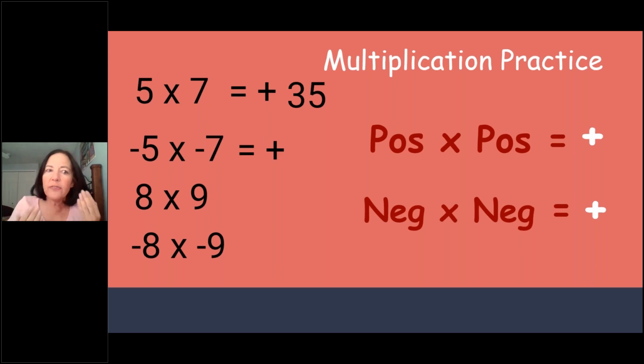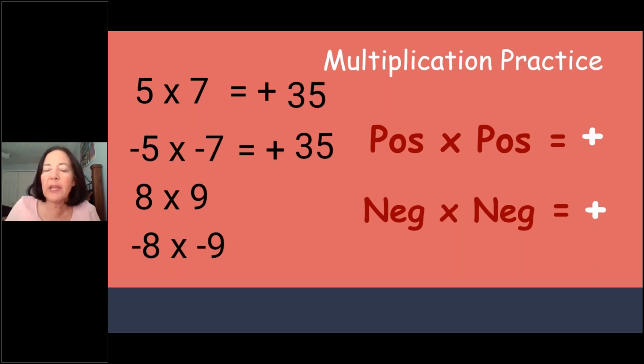But both of those signs are the same, so with multiplication, it means we're going to have a positive answer. So what's our answer for this one? It's going to be 35. Excellent.